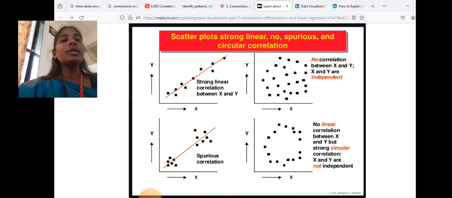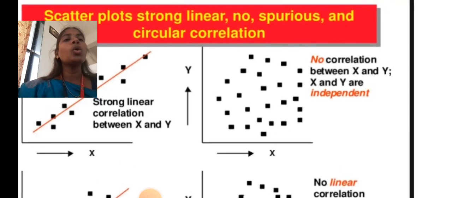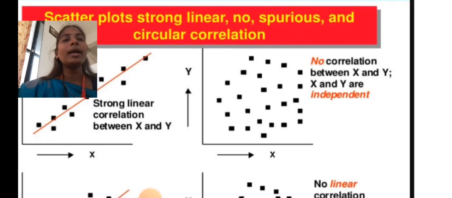If it forms a circle, it is non-linear, present in a very randomized manner, not in a straight line structure. So here no correlation is available. In this second diagram, there is no correlation between x and y. Here also x and y are independent values.